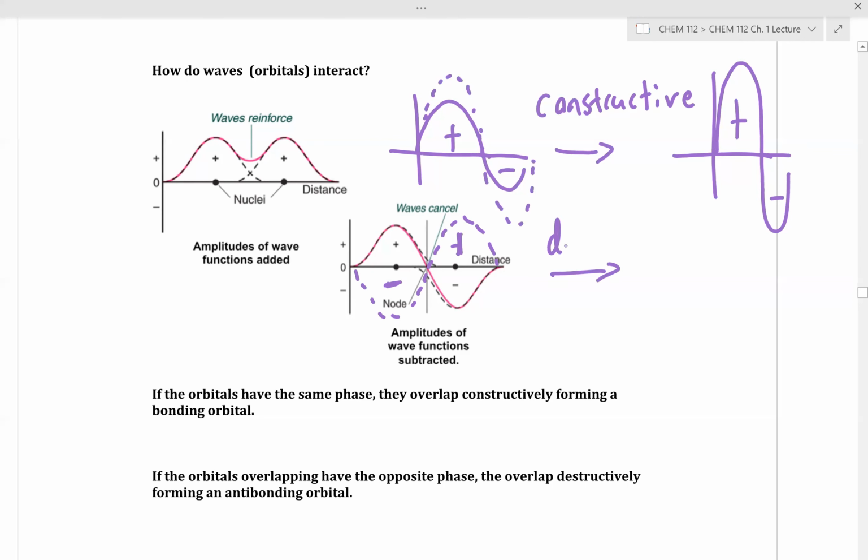We call this process destructive interference. Would we expect a larger or a smaller amplitude? Smaller. So much so that we may even cancel out our amplitude, so we would have zero amplitude.